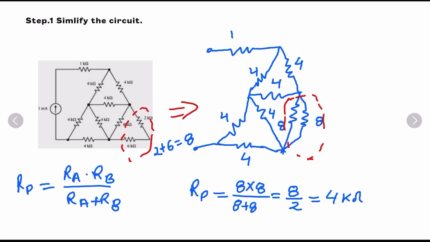Okay, now we will again redraw the circuit. So we will remove that parallel branch.